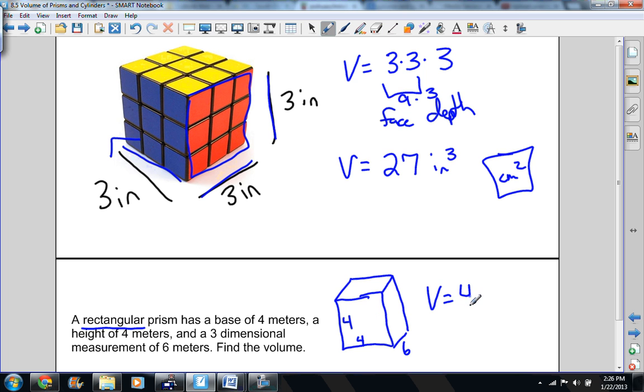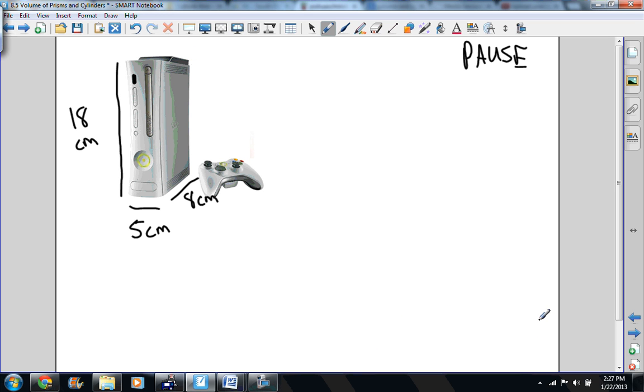Well, that's 4 times 4. There's my face, times the depth measurement of 6. So this becomes 24 times 6, which is 144 meters cubed. Okay. I want you to try this one on your own.